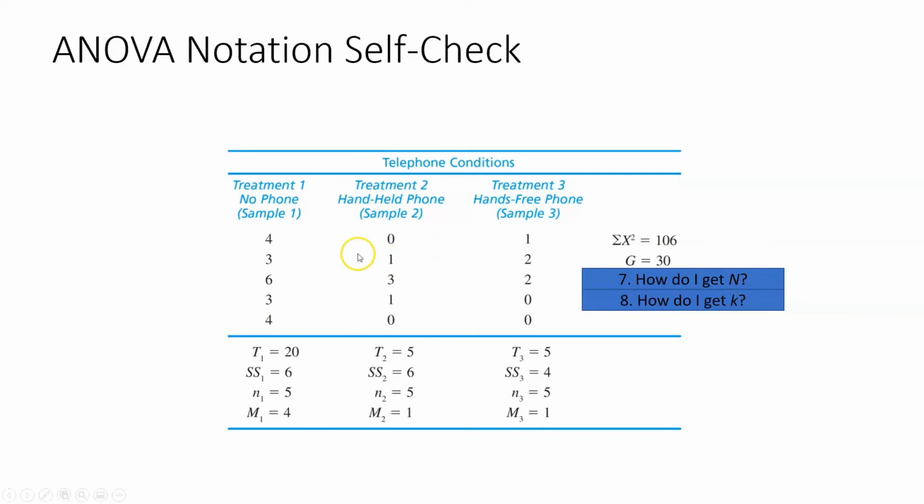Hopefully remember that this is the number of scores in the entire study. So capital N here is 15. And how do I get K? It's the number of conditions in your study. So there are 3 conditions, which means K is 3.